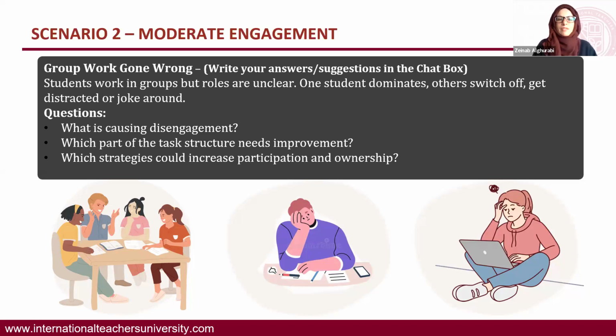So, what do you think here could cause the disengagement, and what part of the structure needs to be improved over here? And how can we increase the participation among the group members and let them feel they can take ownership of their own learning? What suggestions do we have? You can share your answers in the chat box.